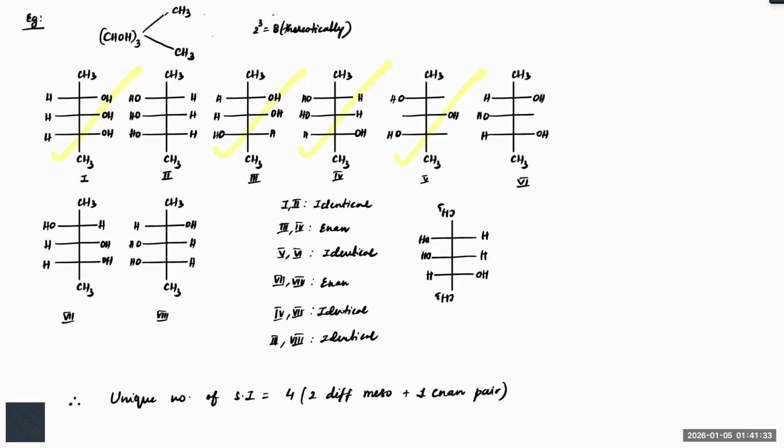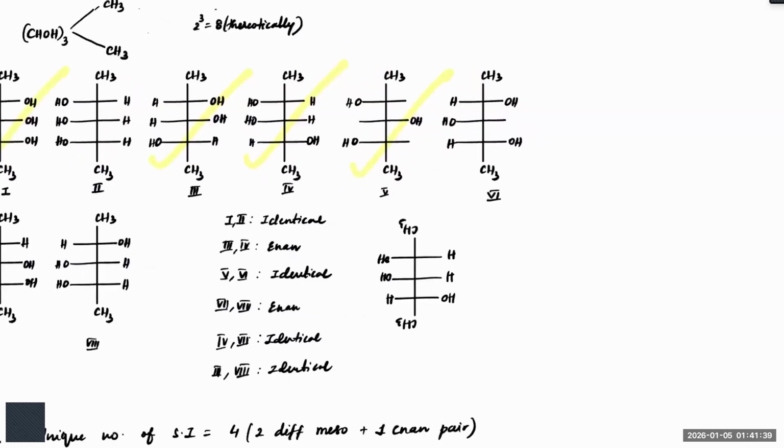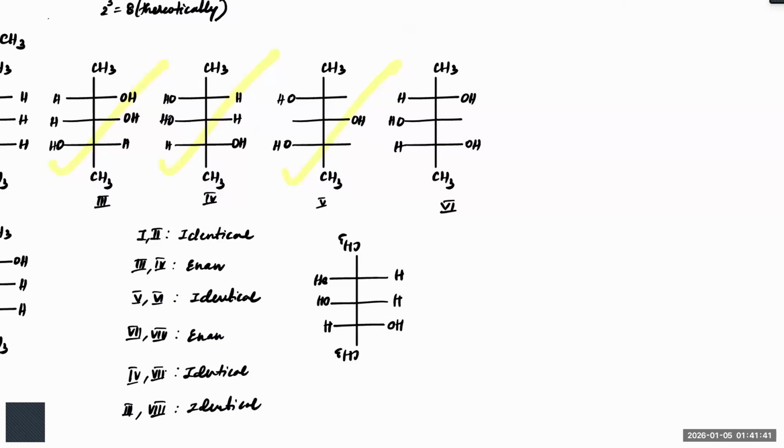Everybody understood? Very important question. Usually we make this mistake. See why I'm saying that. Suppose even if I use a simple formula and try to calculate, stereoisomer formula is 2 raised to power of n minus 1 plus 2 raised to power of p minus 1. Here n is equal to 3, which means it is an odd number.